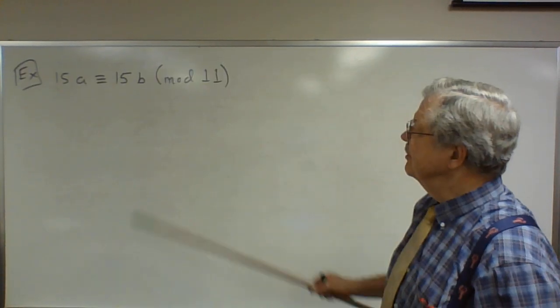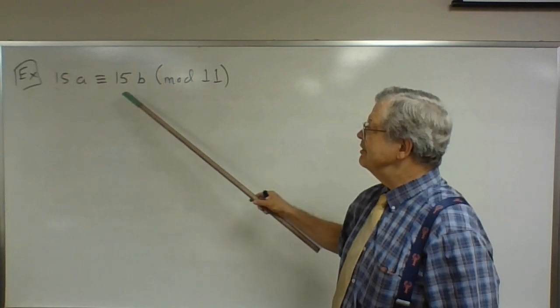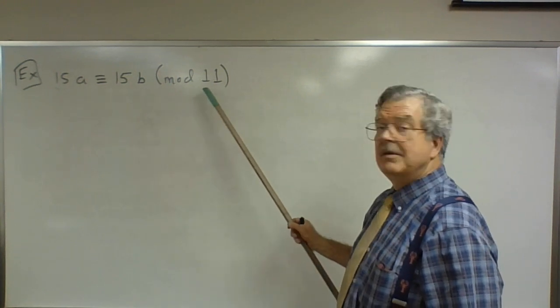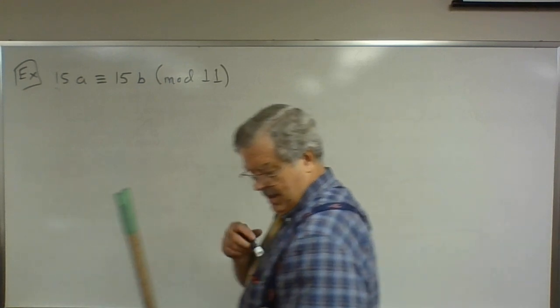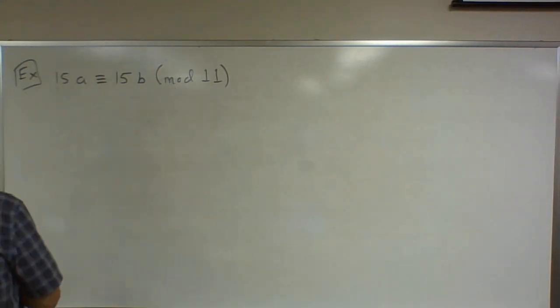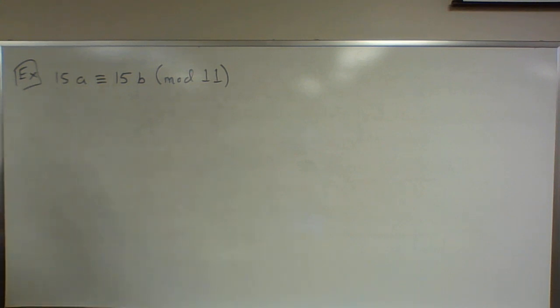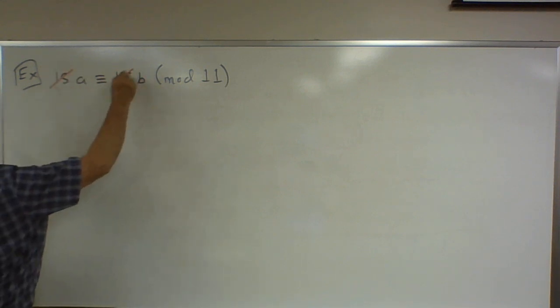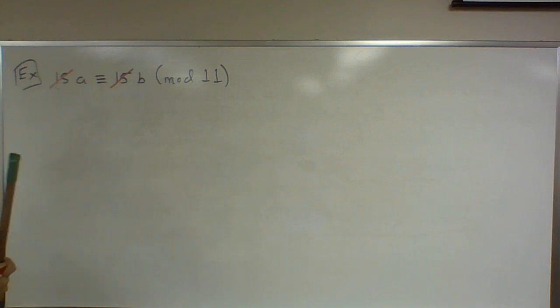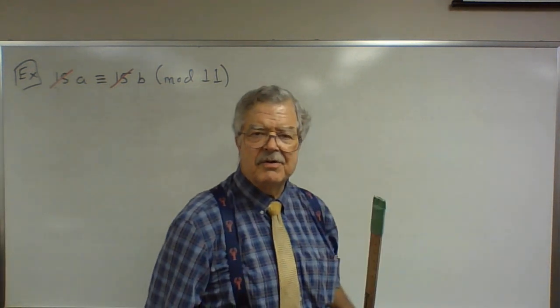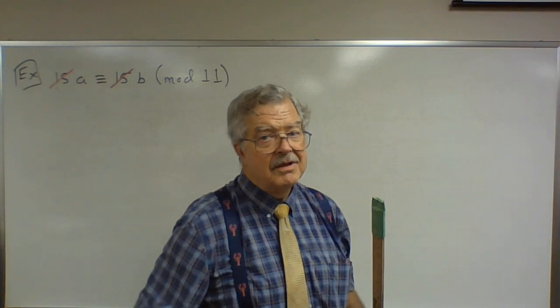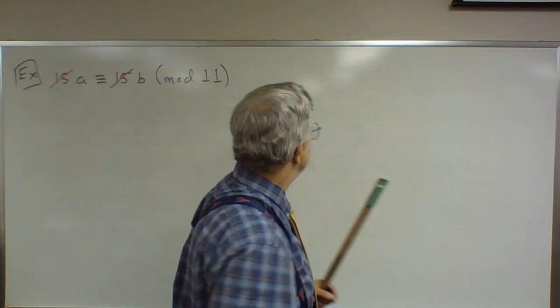That's what it's really saying. Let's look at this congruence. 15A is congruent to 15B mod 11. Well, I would sure like to cancel these guys. Can I do this? Did I just shoot myself in the foot or somewhere else? Is it legal to do that?